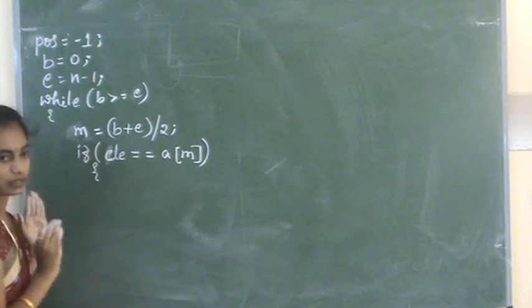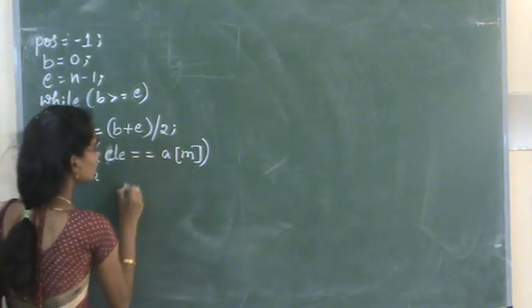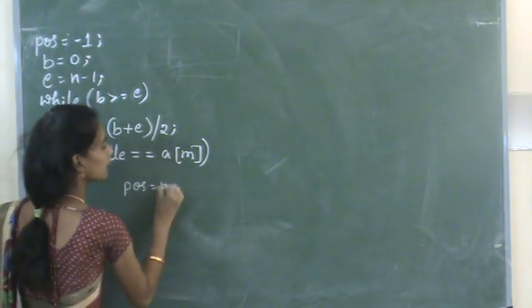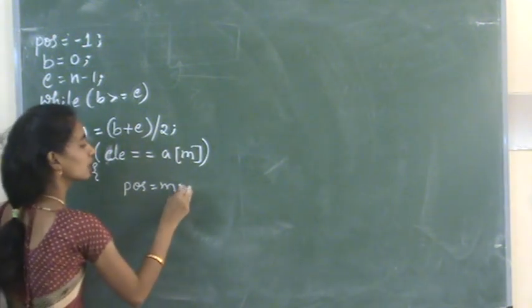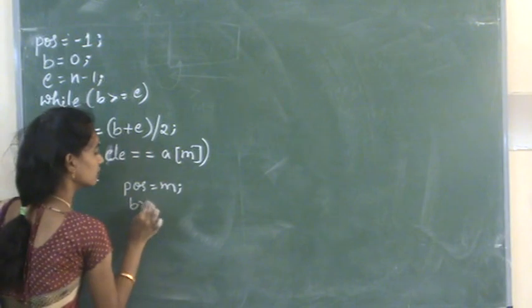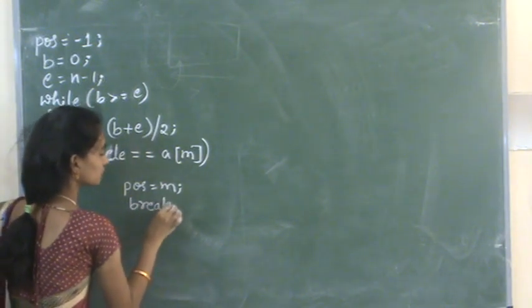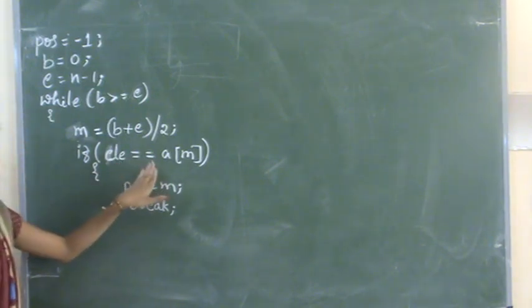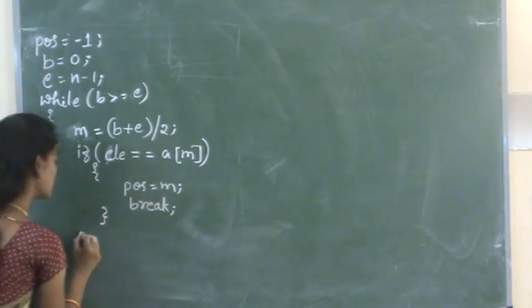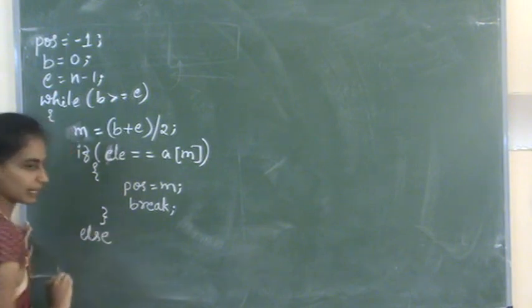If it is true, I will assign this m to the position. If it is assigned, I will break the searching here itself. So if this condition becomes false, then I will go for the other condition.